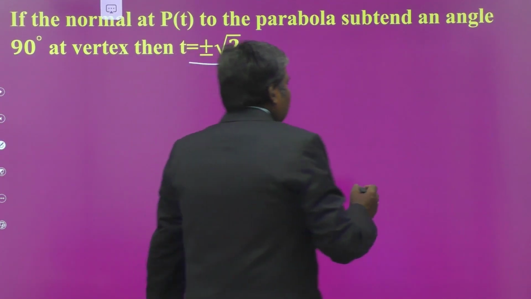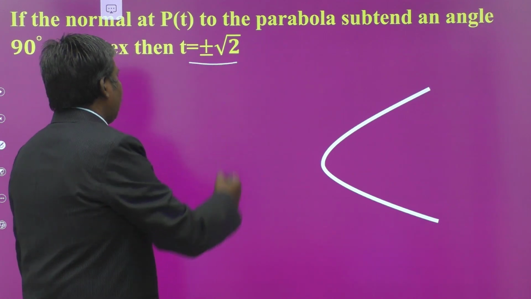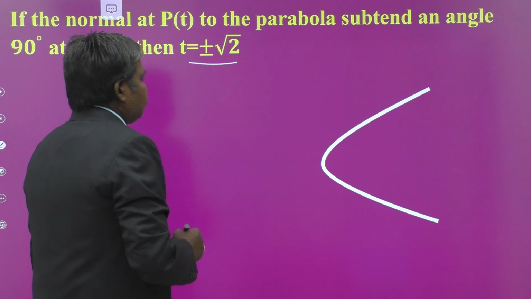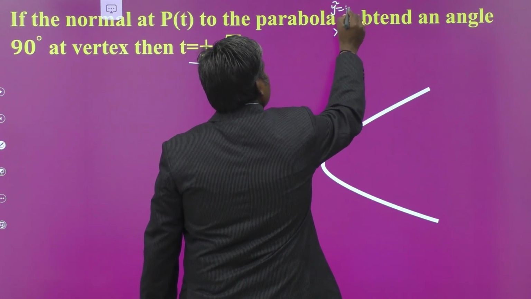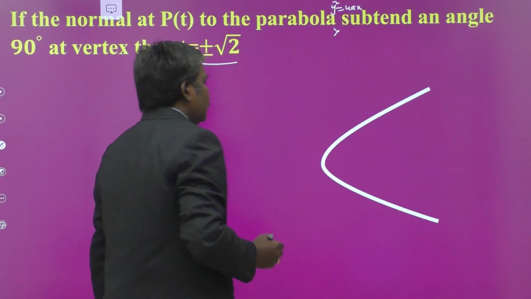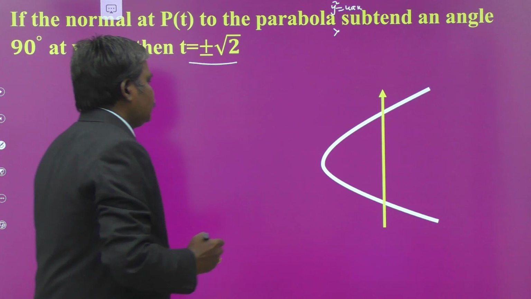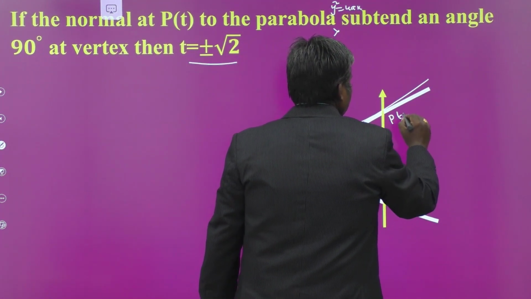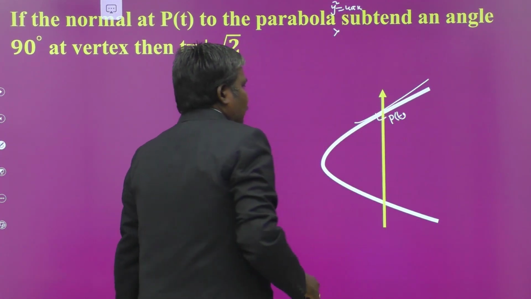Understand? This is the parabola y square is equal to 4ax. Parabola means here y square is equal to 4ax. Now, if you draw the normal at P of t to the parabola, this is the tangent at P of t, and draw the perpendicular to this tangent, we obtain the normal in this manner.